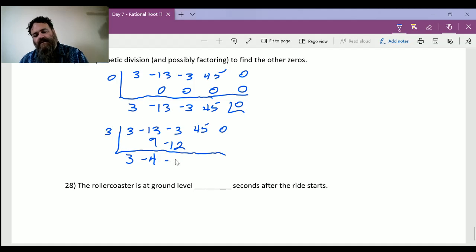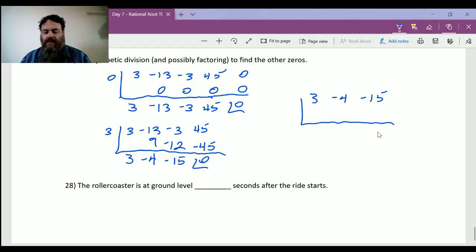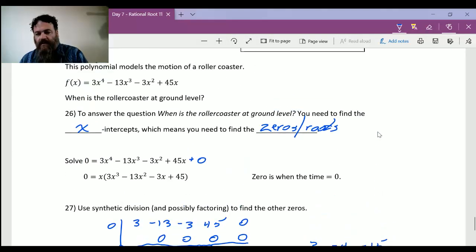Add together, -15. Multiply, it's -45. And you end up with 0. Okay? 3, -4, -15. It does ask us to find all of the roots, so we can go ahead and do that here.